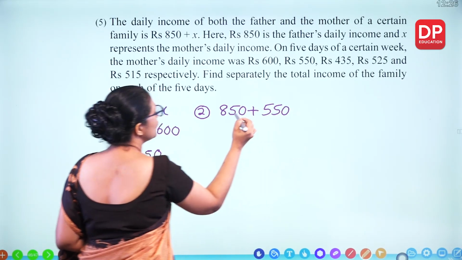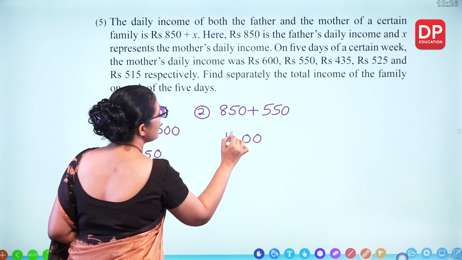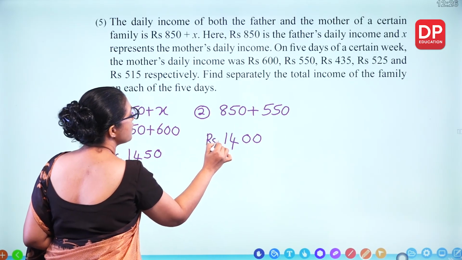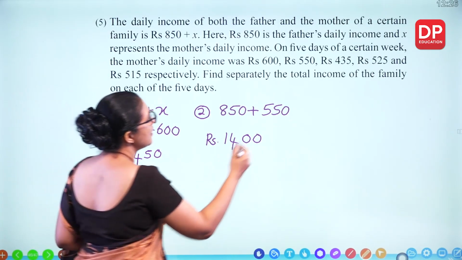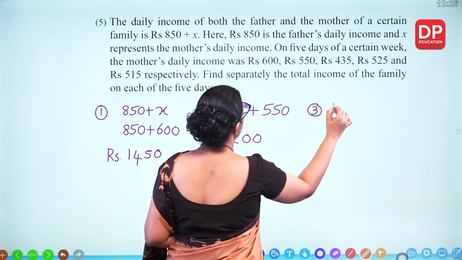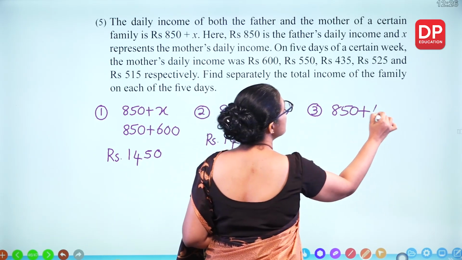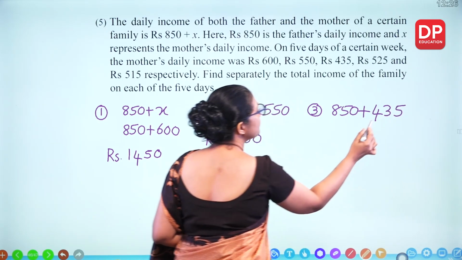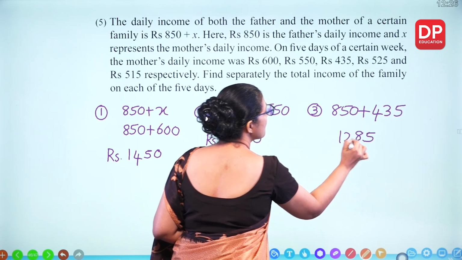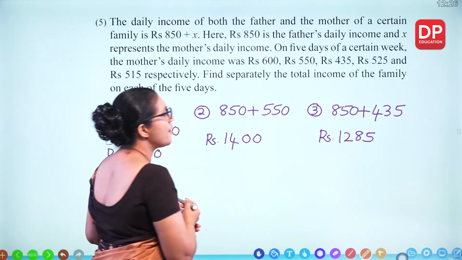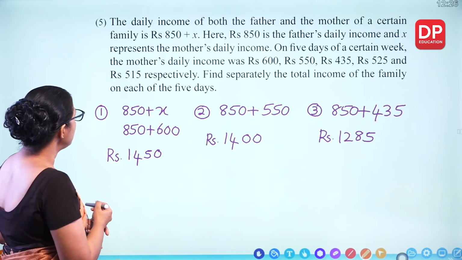So what's the total? 1,400. And third day, 850 plus 435 now. So add it together. 1,285.